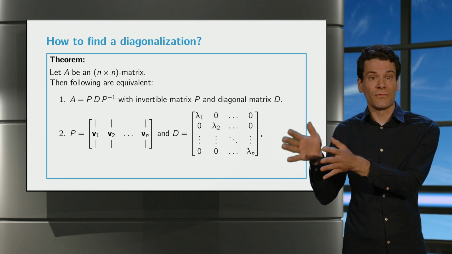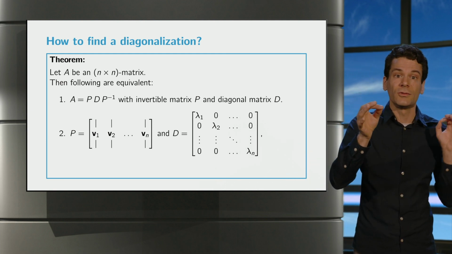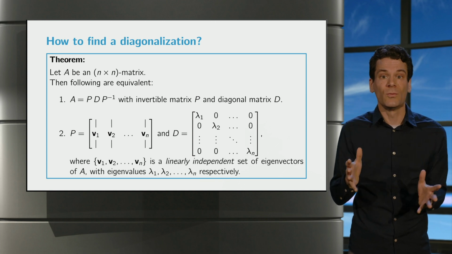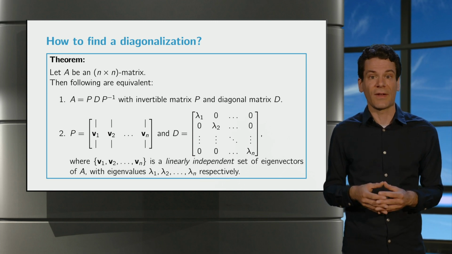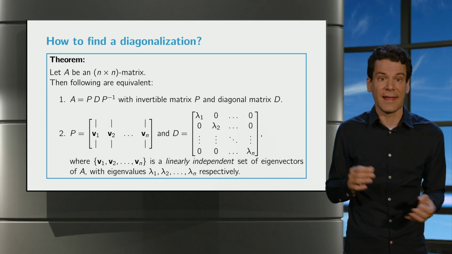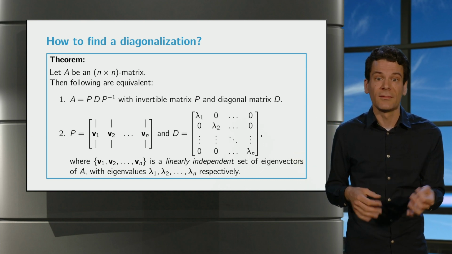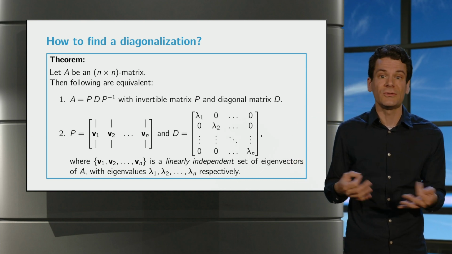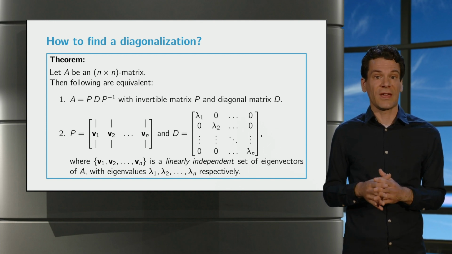P has columns v1 to vn and D has diagonal elements lambda 1 to lambda n, where v1 to vn are a linearly independent set of eigenvectors of A with corresponding eigenvalues lambda 1 to lambda n. That is, lambda 1 is the eigenvalue of v1, lambda 2 the eigenvalue of v2, etc. You will find the proof later on in this section.